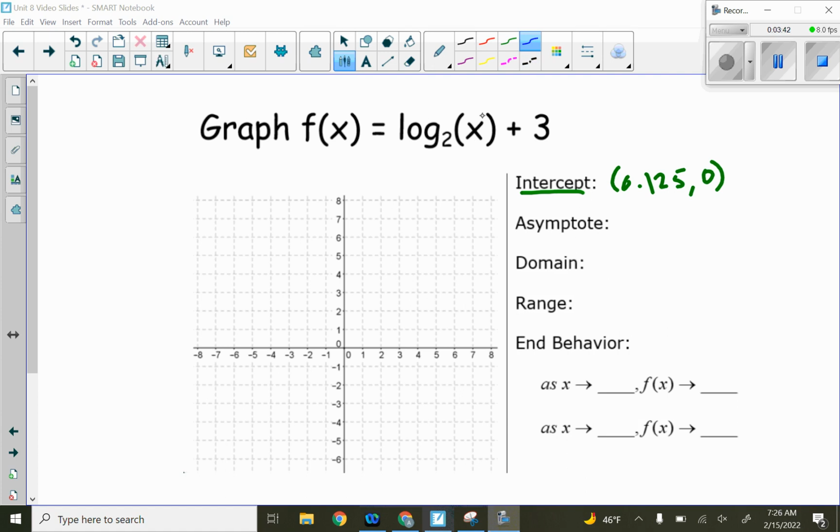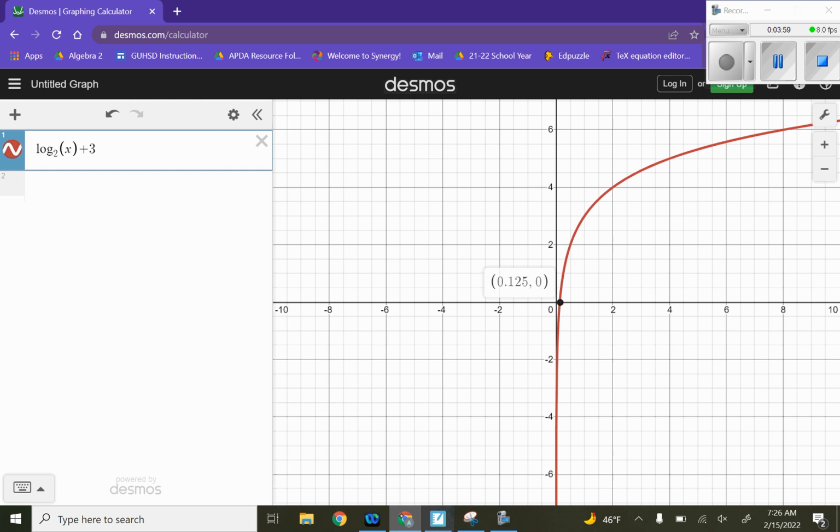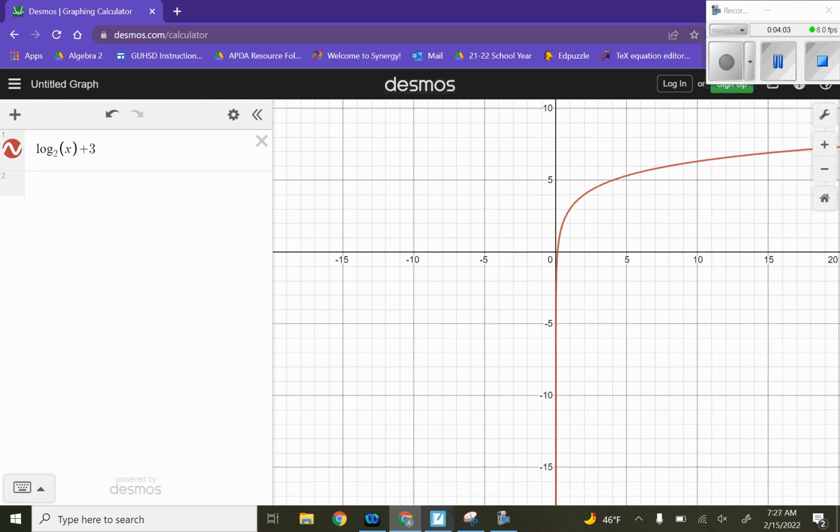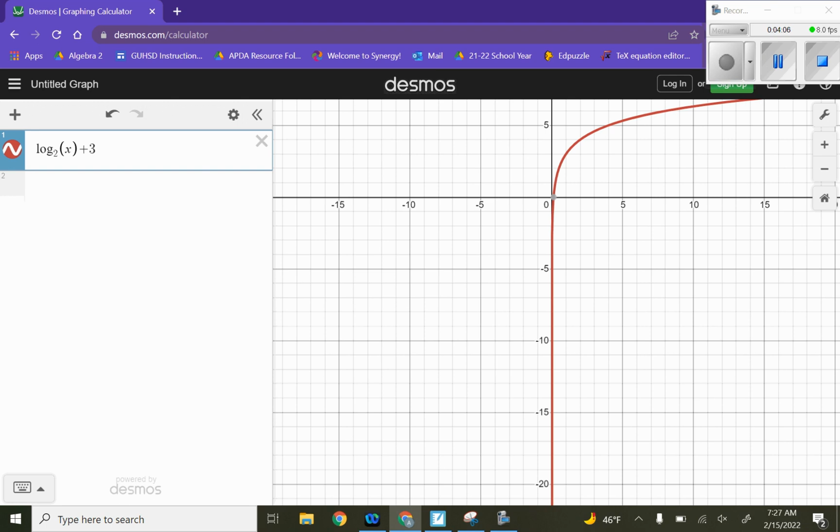Our asymptote comes from inside these parentheses here. So since we have just x, our asymptote is at x equals 0. Now, if we look back at our graph to help us understand that, this graph is getting very close to 0 on the x-axis.